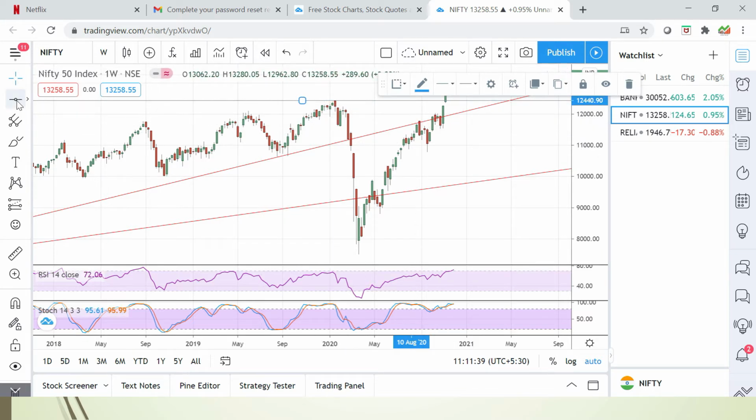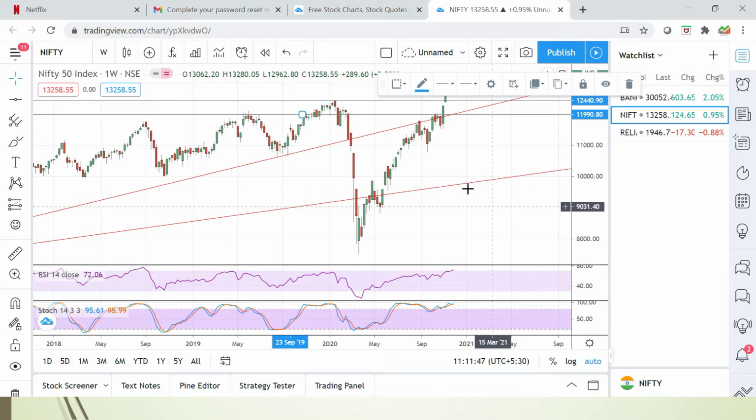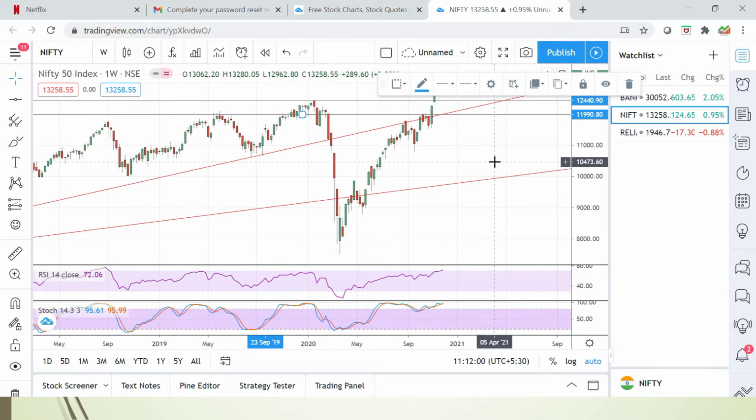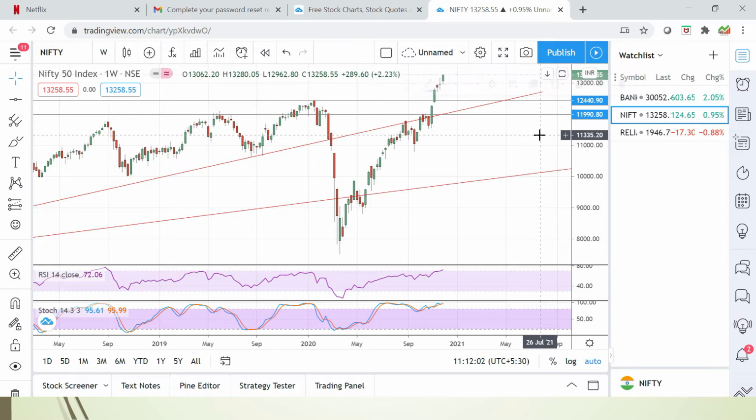And second, around this high also there are a lot of candles, so around this level. The first one is around 12,450, then the next one is 11,990, so you can say 12,000. So 12,450 and 12,000 are crucial supports on Nifty, if the Nifty falls down, and this trend line support.